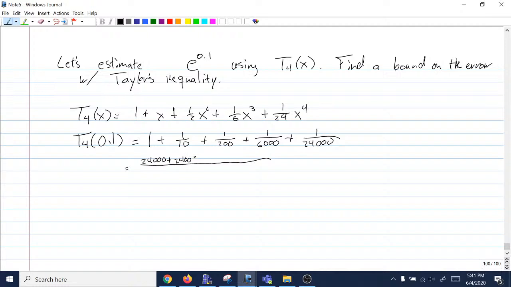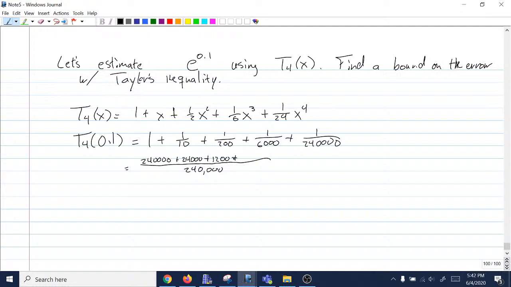Oh, it's not 24,000. It's supposed to be 2,400,000. Okay, so that adds a 0 here. That adds a 0 here. 24,000 over 240,000. What do I need to multiply by? 1200.